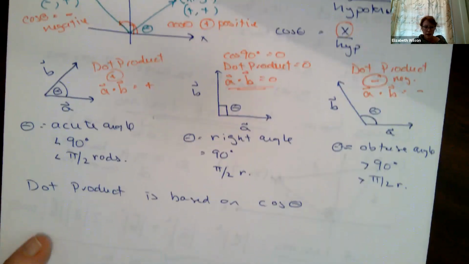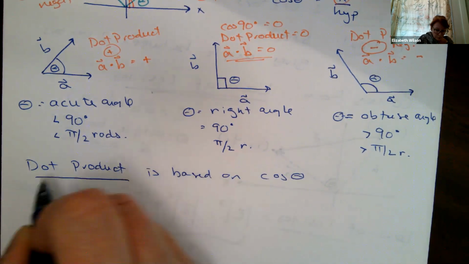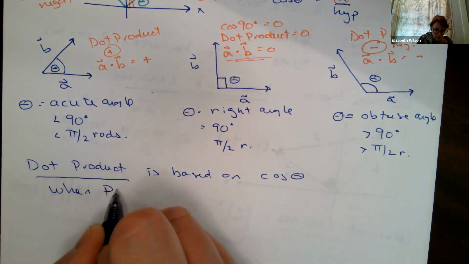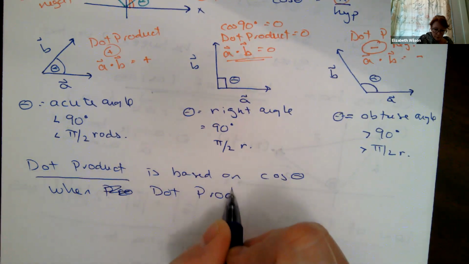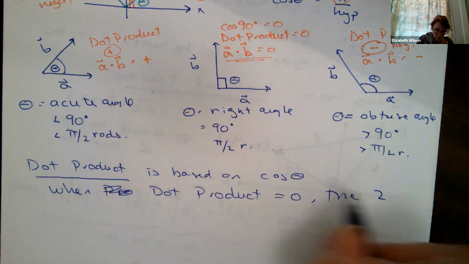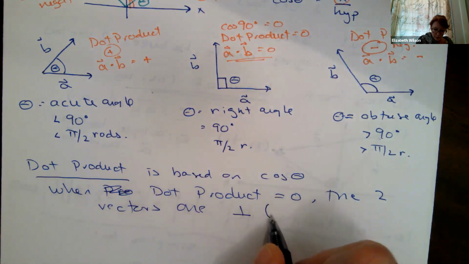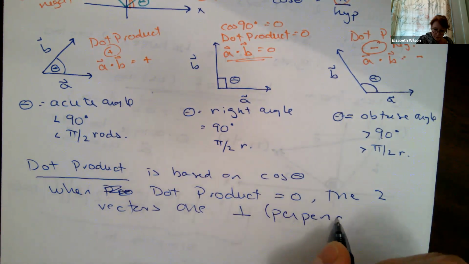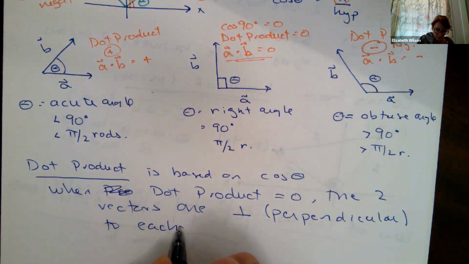Because of that, the dot product becomes an important test to tell if two vectors are perpendicular to each other. So I'm going to write that. When the dot product is equal to 0, two vectors are perpendicular to each other.